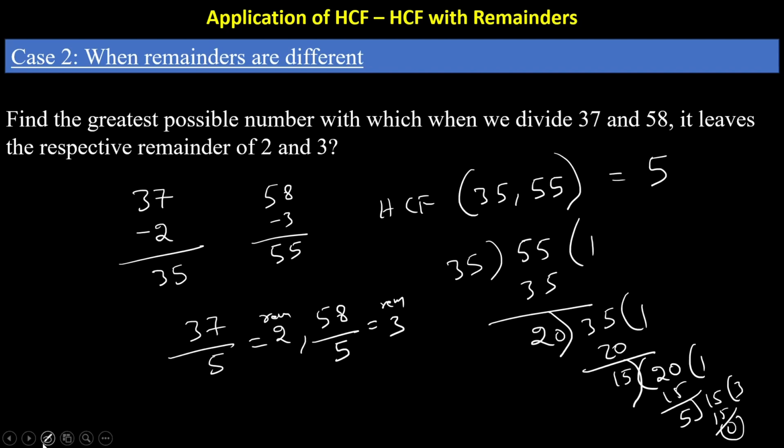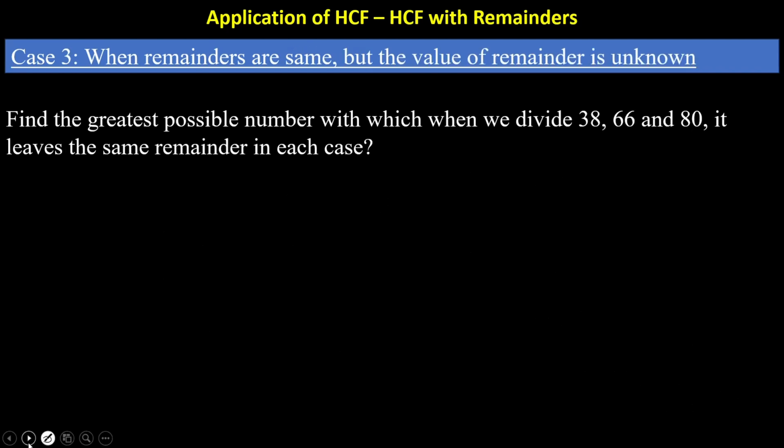Okay. Now let's see the third case. So what is case 3? When remainders are same, but the value of remainder is unknown. So remember, for this we have one formula. Whenever you see this type of question, find out the HCF of, let us say there are 3 or more than 3 numbers given, just take the difference of consecutive numbers.